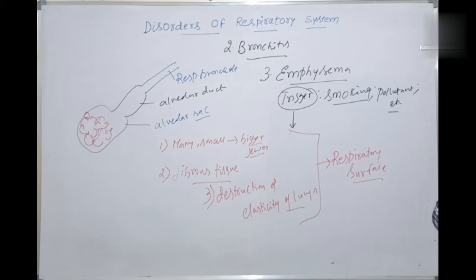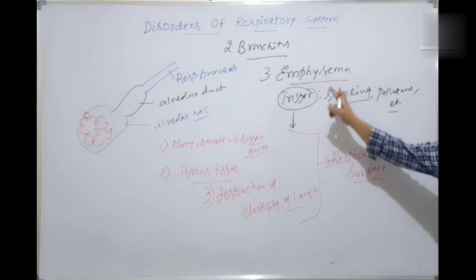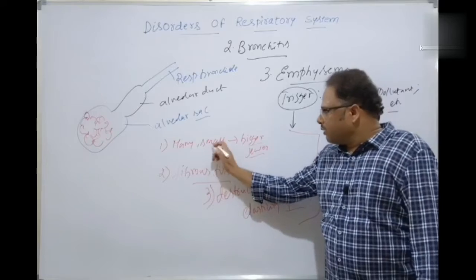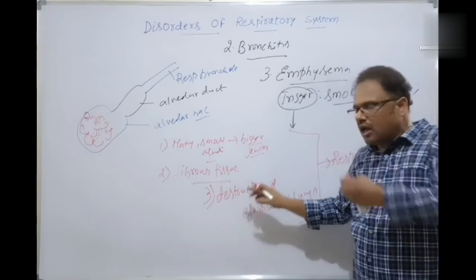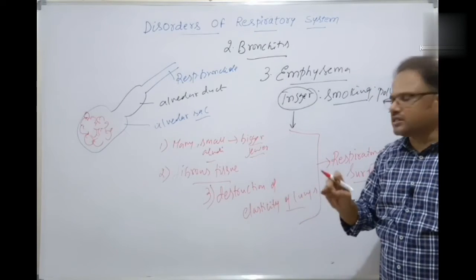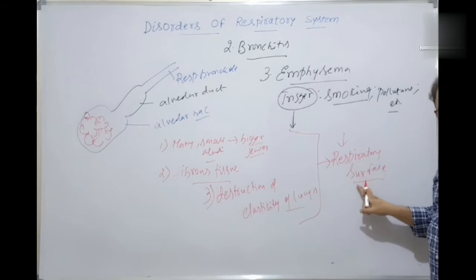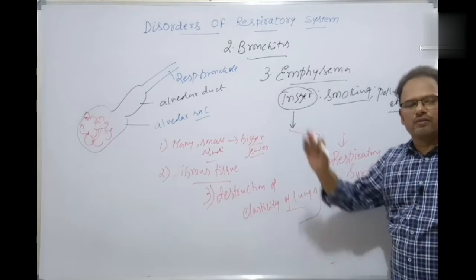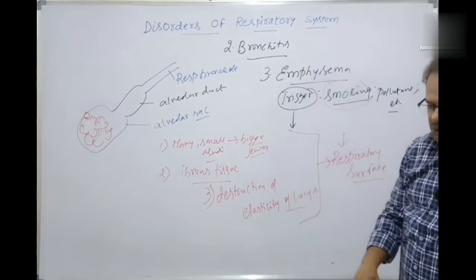So there is an impairment to the exchange of gases. And that is called emphysema, where the many smaller alveoli become bigger, fewer alveoli, fibrous tissue accumulated, and the lungs lose their elasticity. If so, there is a decrease of the respiratory surface, so there is a severe impairment to the exchange of gases. That is called emphysema. Cigarette smoking is the main reason for emphysema. Clear, students?